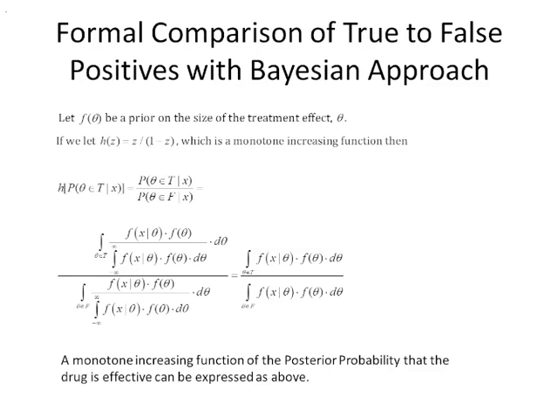So what we have here then is that Bayesian decision making, which is based on the probability that the drug is effective given the data that's observed, is related through a monotone increasing function to the ratio of two integrals, the ratio that's highlighted in the slide here. This means decision making based on the ratio of these two integrals is equivalent to Bayesian decision making based on the posterior probability that the drug is effective.